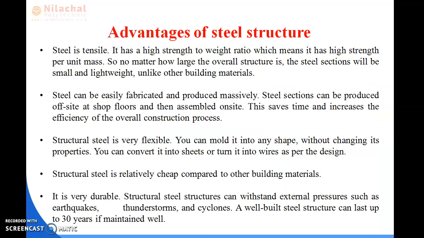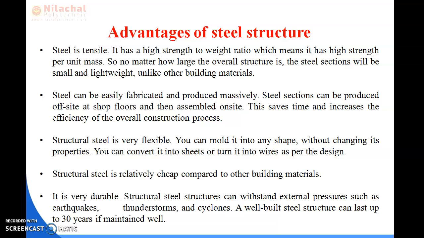Now we come to the advantages and disadvantages of steel structures. Everything has some advantages as well as some disadvantages. The first one is that steel is strong in tension. It has a high strength to weight ratio, which means it has high strength per unit mass.